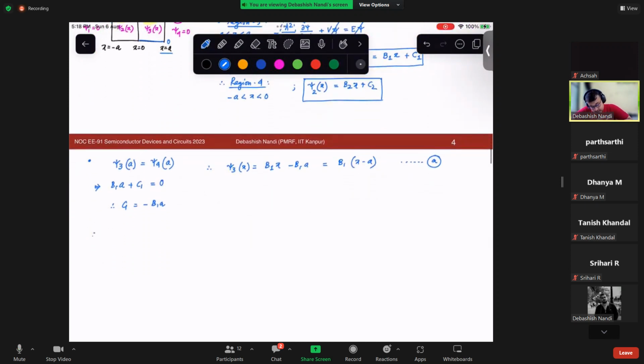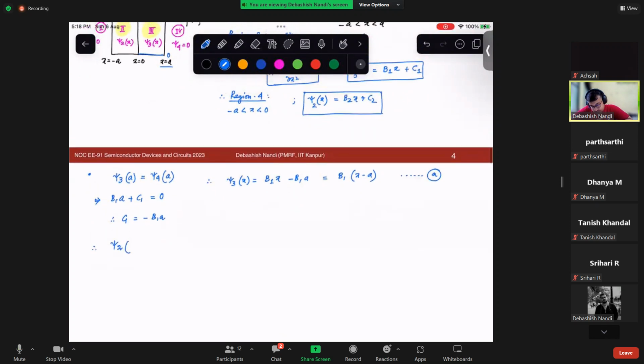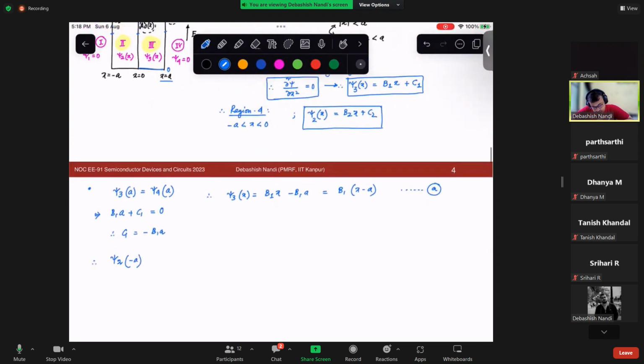Similarly, psi 2 of minus A should be equal to psi 1 of minus A at this boundary. So your B2 into minus A plus C2 should be equal to 0. So your C2 should be equal to B2 into A. Fine.